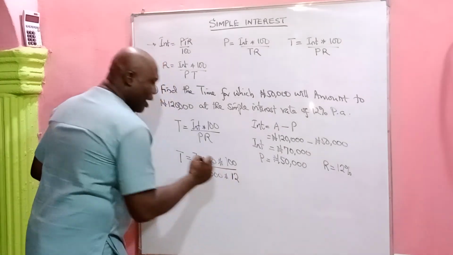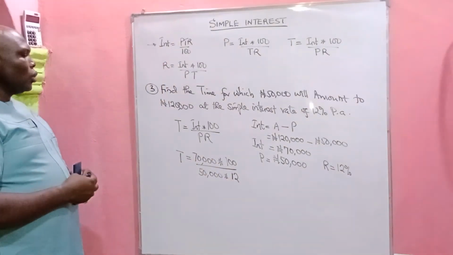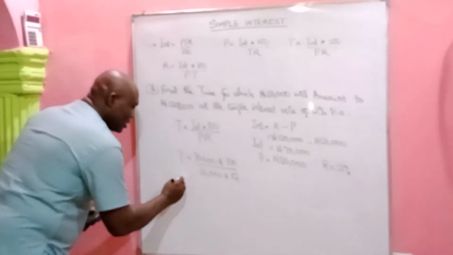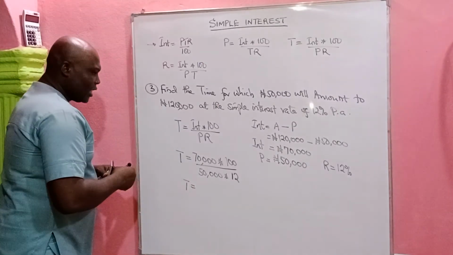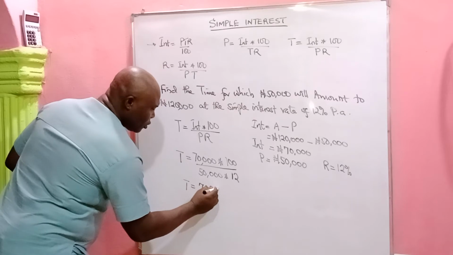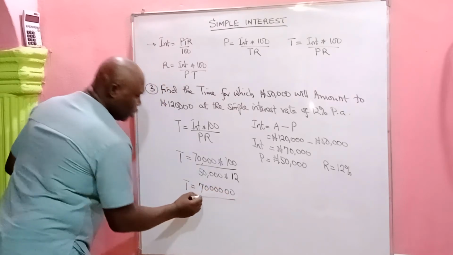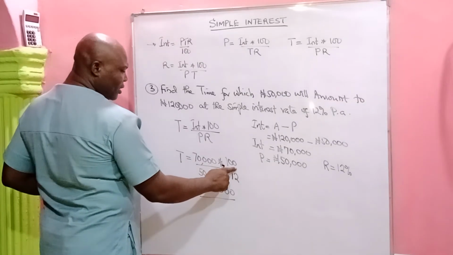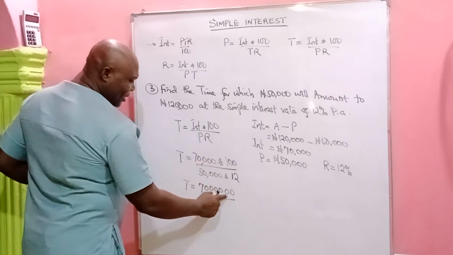So we can be able to know the time for this. So our time will be equal to, let's multiply this by 100. If you multiply this by this, we are going to have 7 with 6 zeros.